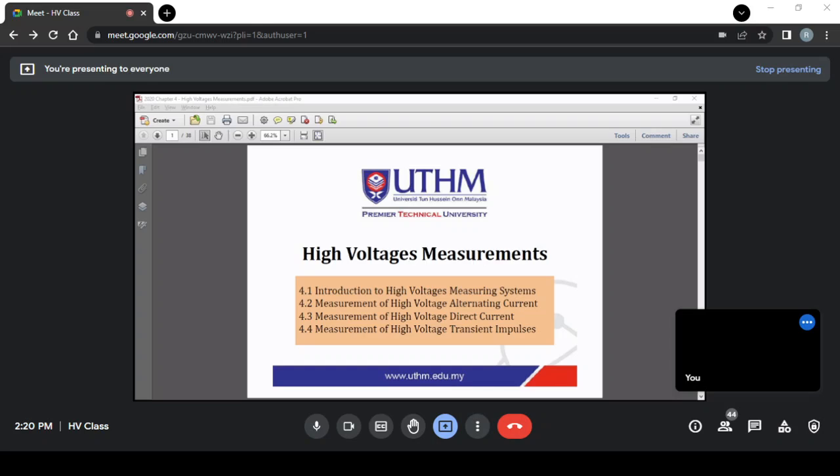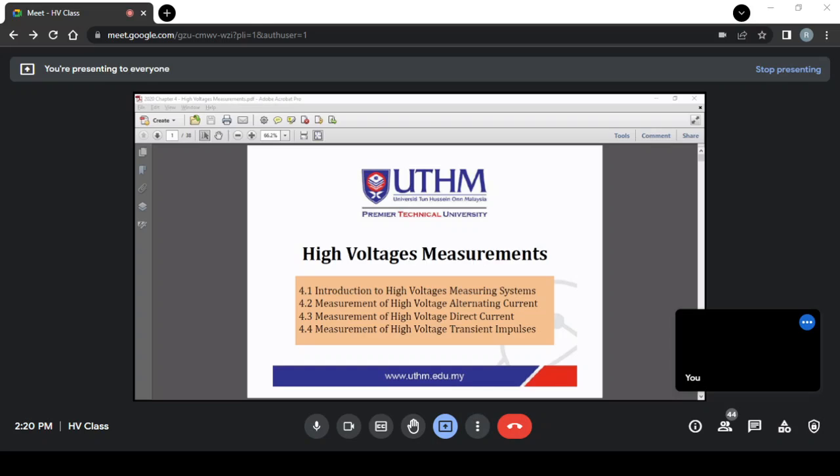Just like when we measure the voltage and current in an electronic circuit, except for the high voltage, of course, we need to deal with a very high magnitude of voltage and current. So we really need to have a special or extra safety or protection device.